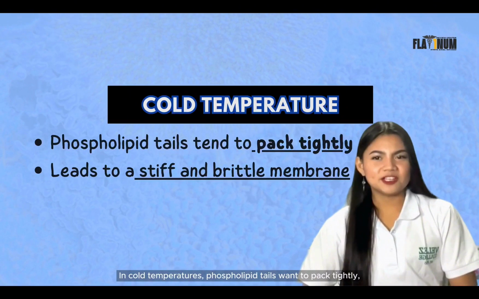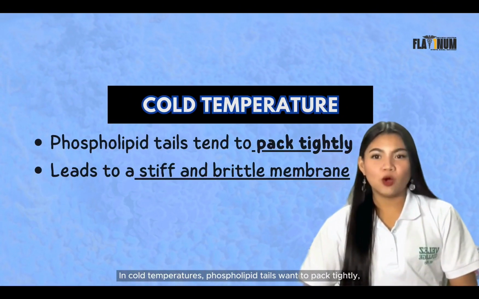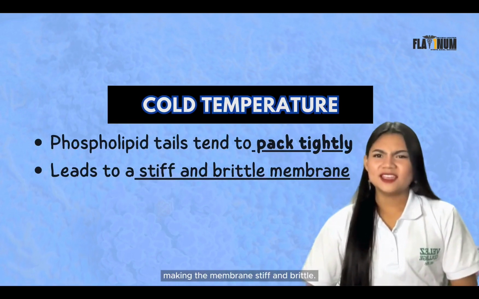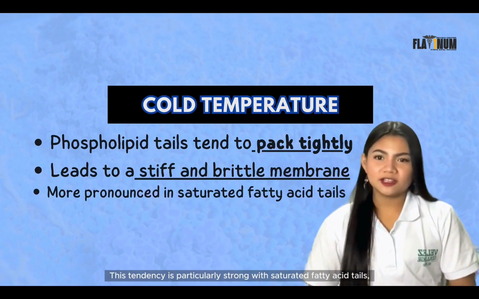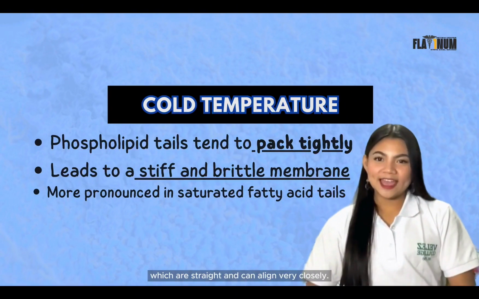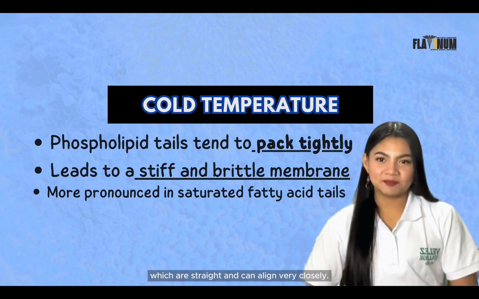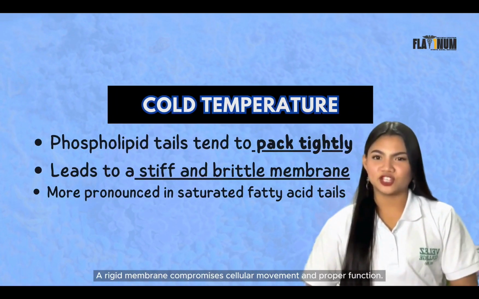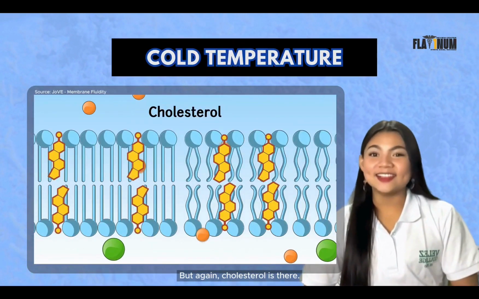In cold temperatures, phospholipid tails want to pack tightly, making the membrane stiff and brittle. This tendency is particularly strong with saturated fatty acid tails, which are straight and can align very closely. A rigid membrane compromises cellular movement and proper function. But again, cholesterol is there.